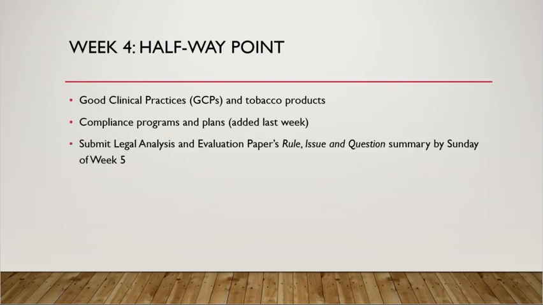I'll remind you that a part of your legal analysis and evaluation paper project is due by Sunday of week number 5, and that's the rule, issue, and question summary. And there's detailed information about how to do an RIQ in the Blackboard materials under resources. So take a look at that and submit your RIQ promptly and on time.